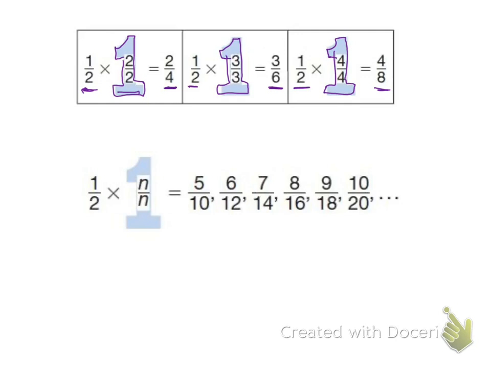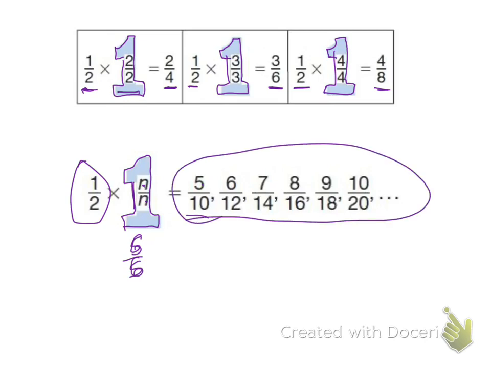So I can change the name of 1/2 by multiplying it by any number that is equal to 1. So the fraction has to have the same number top and bottom. Okay, so if I wanted to get 5/10, I would multiply 1/2 by 5/5. To get 6/12, I would multiply it by 6/6, etc. So all of these fractions here all equal 1/2.